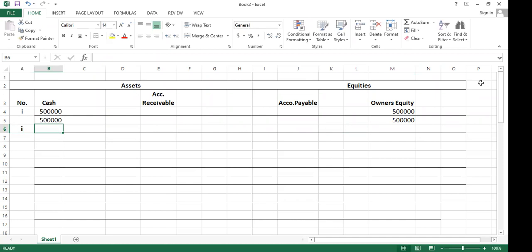Second one, rent paid in advance for a year, rupees 6,000. Reduce cash by 6,000 and add prepaid rent, in advance paid rent, 6,000. Owner's equity does not change because we add 6,000 and reduce 6,000.